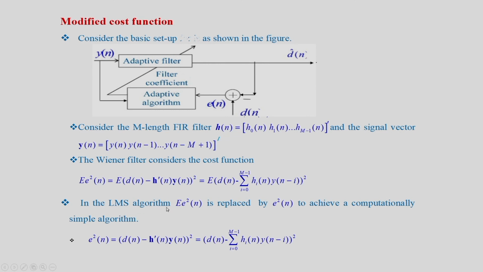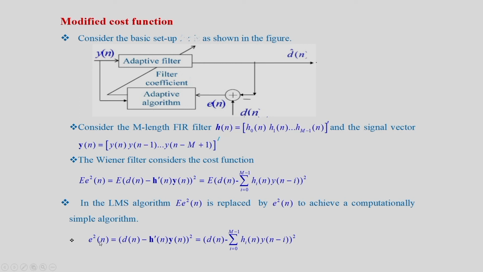In the LMS algorithm, E[e²(n)] is replaced by e²(n) to achieve a computationally simple algorithm. So, the modification is very simple, just E[e²(n)] you are replacing it by e²(n).